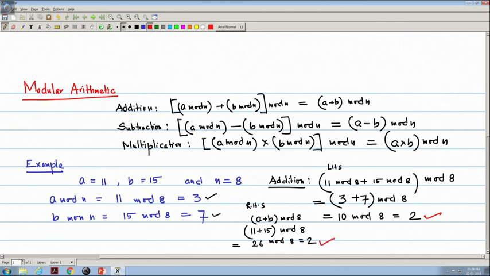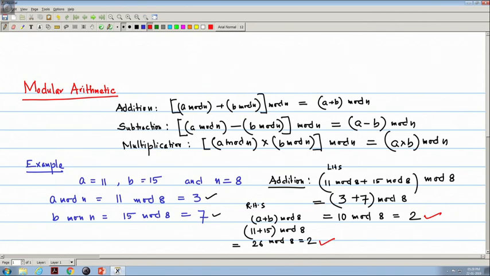Now, what is the advantage? See, here I have taken a as 11 and b as 15, and here it is slightly larger, 26 modulo 8, I get 2. Here in my computing I am doing only 11 mod 8 and 15 mod 8, and I got 3 plus 7. So, instead of 26 I got 10.